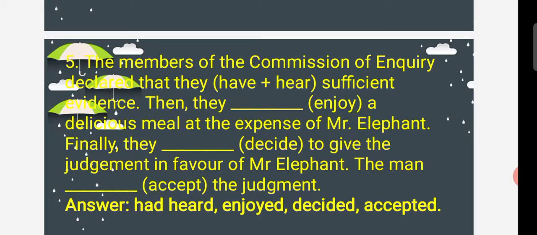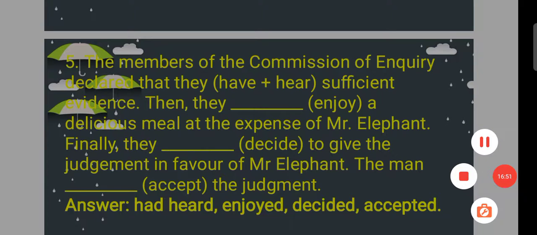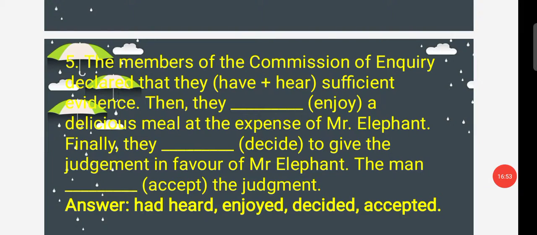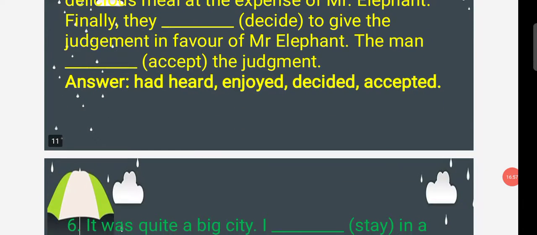The answer is, the members of the Commission of Enquiry declared that they had heard sufficient evidence. Then they enjoyed a delicious meal at the expense of Mr. Elephant. Finally, they decided to give the judgment in favor of Mr. Elephant. The man accepted the judgment.